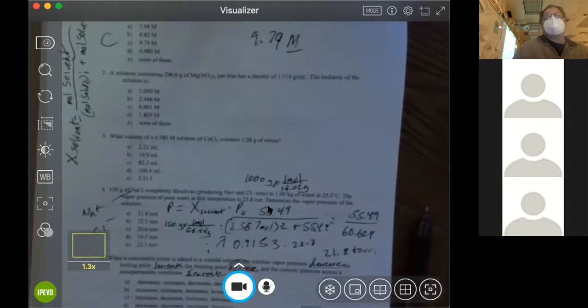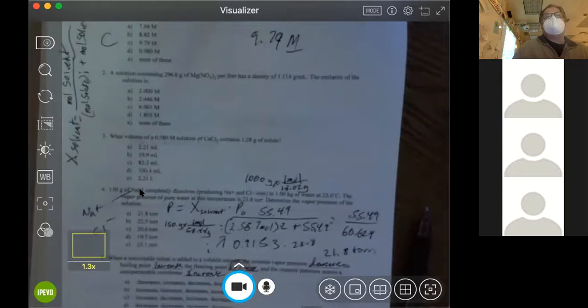Since the mole fraction of the solvent is the moles of solvent over the moles of the whole thing, we have the 55.49 here, and we have the 55.49 here. This is the moles of the NaCl. We have 150 grams of NaCl. Every 58.44 grams of NaCl is 1 mole.